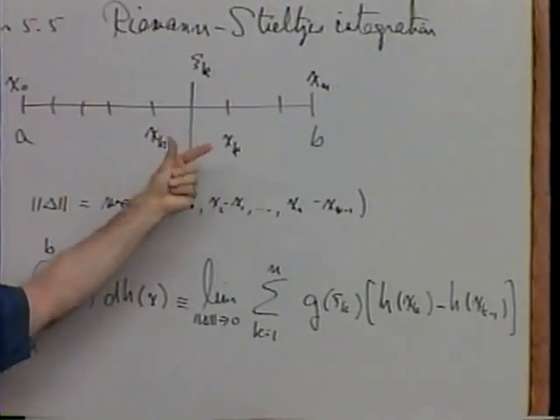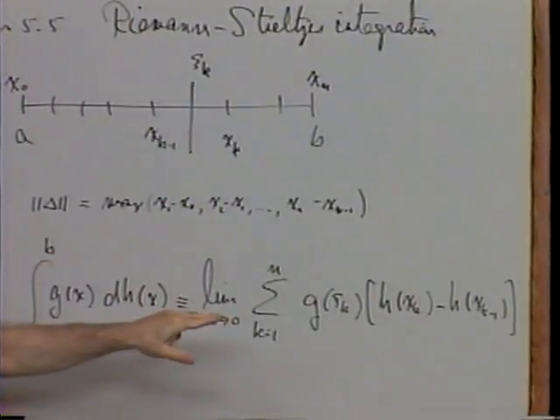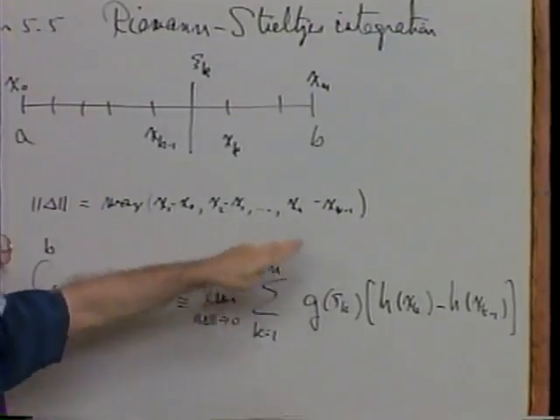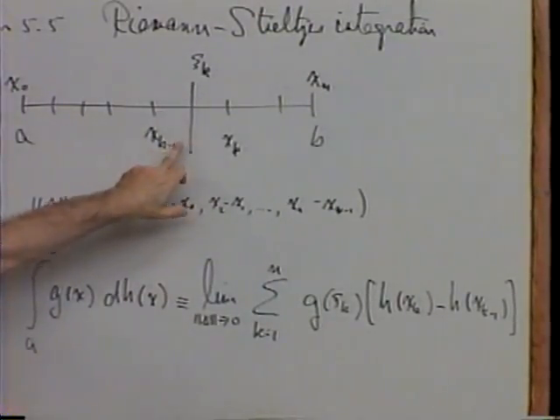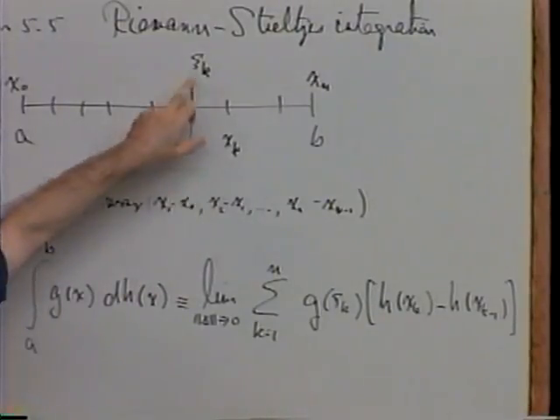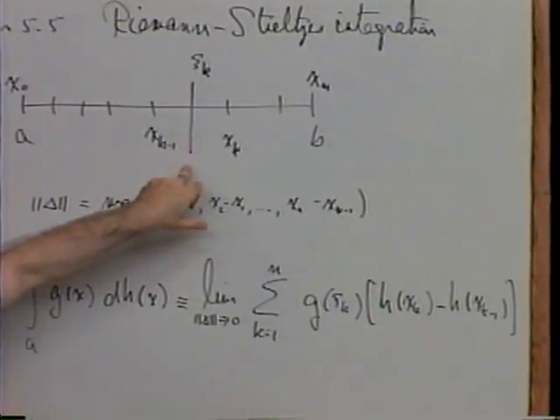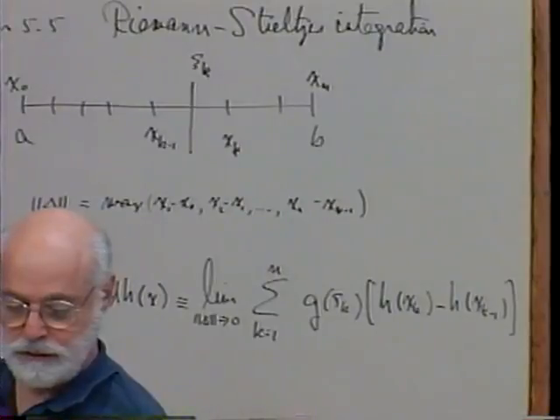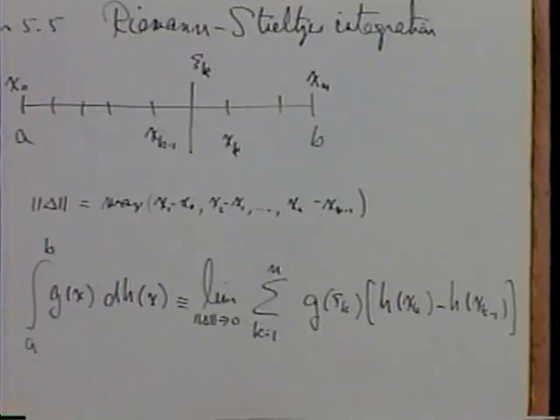And so I am, in a sense, adding up an infinite number of these infinitesimal values, where each value is the value of g at some point times the amount by which h changes at that point. And then I just add those things up. Which means n goes to infinity. Yes, n goes to infinity. Right.